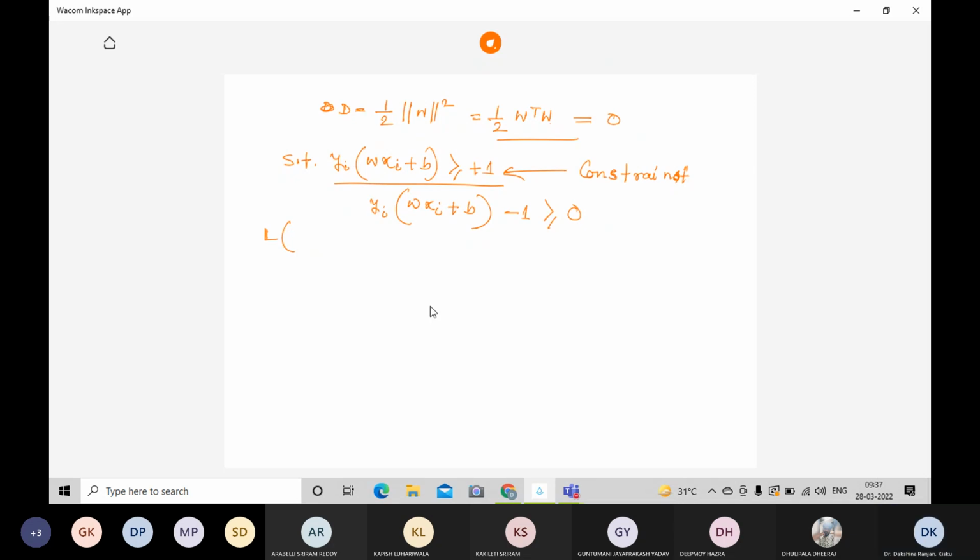In this constraint, w is the weight vector and b is the bias. So here we have to minimize w and maximize the bias.